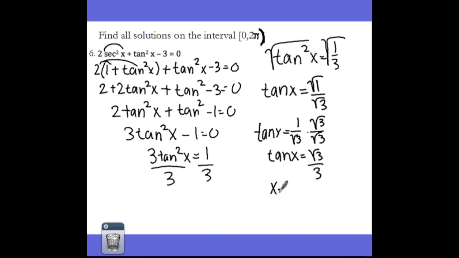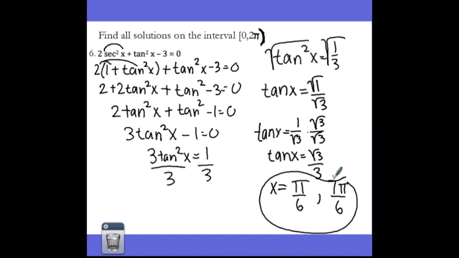Again, from the unit circle, we know that tangent of x equals square root of 3 over 3 at x equals pi over 6 and x equals 7 pi over 6. Since we changed the equation at the beginning, we have to check to make sure that both of the solutions work. So once you plug in pi over 6 and 7 pi over 6 in for x, you'll realize that both solutions work, so they are solutions to the equation.